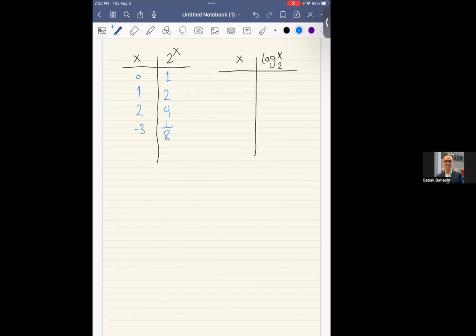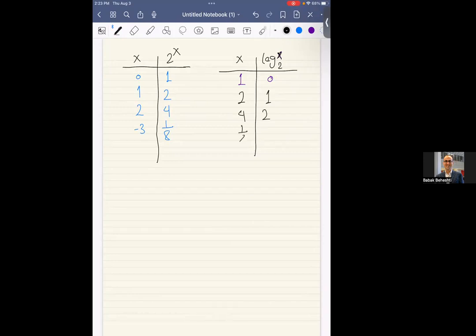So, for example, logarithm of 1 is 0. Logarithm of 2 with base 2 is 1. Logarithm of 4 with base 2 is 2.